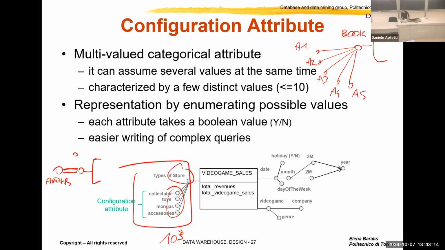So collectible is yes, no. Toys is yes, no. Mangas is yes, no. Accessories can have, I know, 5 values. So 2 multiplied by 2 multiplied by 2 multiplied by 5, that's what I mean.